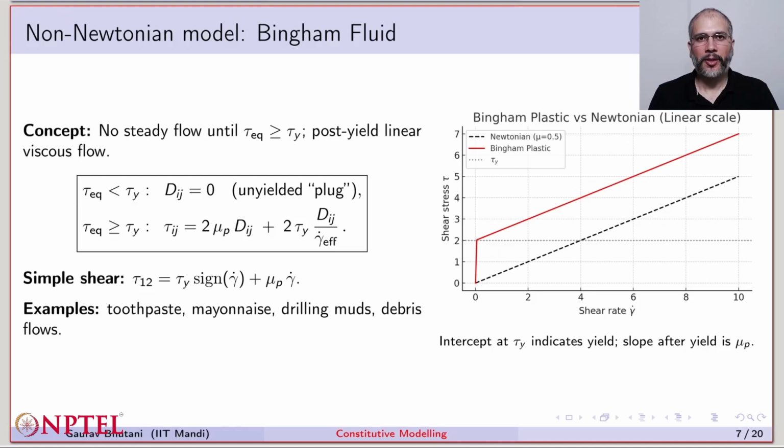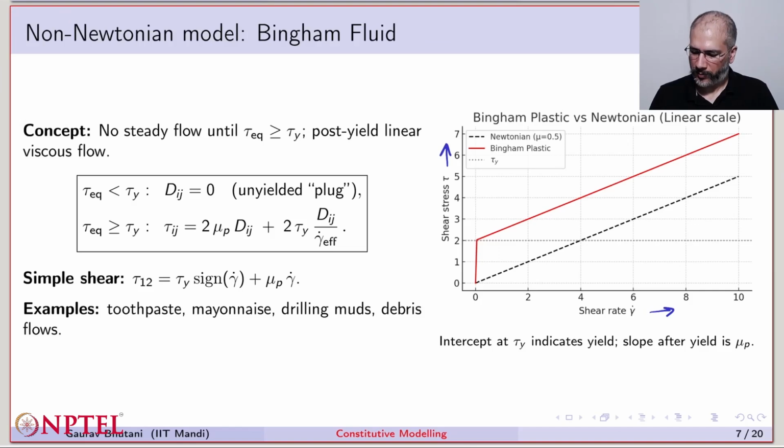These are also again non-Newtonian fluids, but these fluids show a solid-like behavior until the shear stress increases beyond a threshold value. So let's look at the plot first and then we look at the equations. This is the plot between shear stress tau and the shear rate gamma dot.